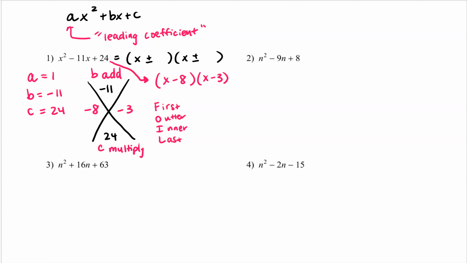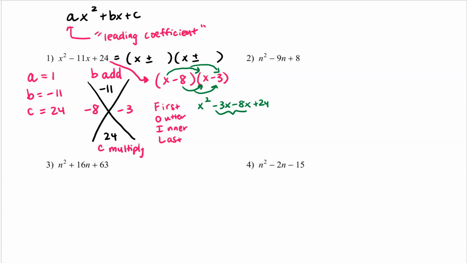So we multiply our first two terms together, which is x squared, our outer two terms together, x times negative 3 is minus 3x, our inner two terms together, negative 8 times x is minus 8x, and then our last two terms together, negative 8 and minus 3, if we multiply those, give us positive 24.